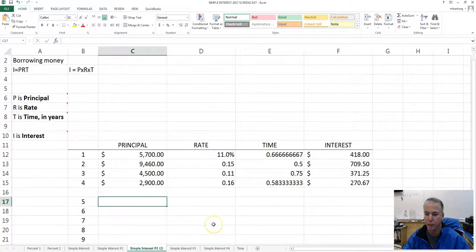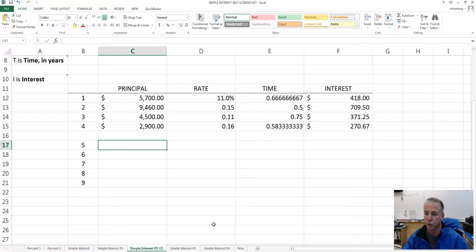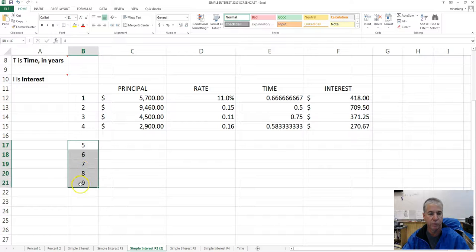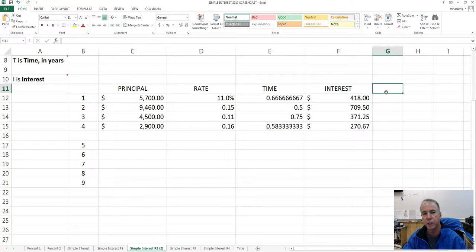Let's go ahead and modify our interest worksheet, and I've put numbers 5 through 9 here. Those will be our next problems. And then let's head up to G11, and we'll go ahead and put in a column heading for maturity value. And these columns here were a width of 20.